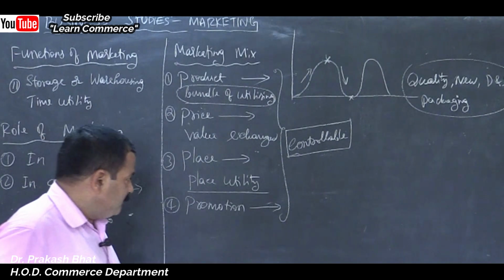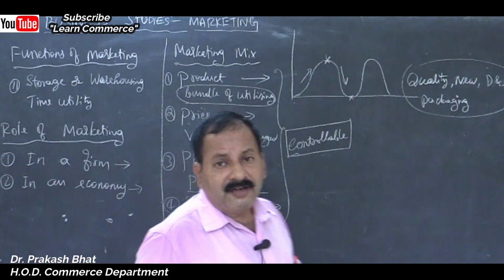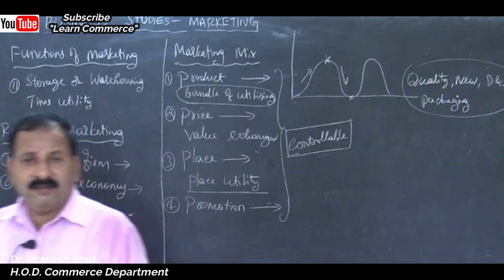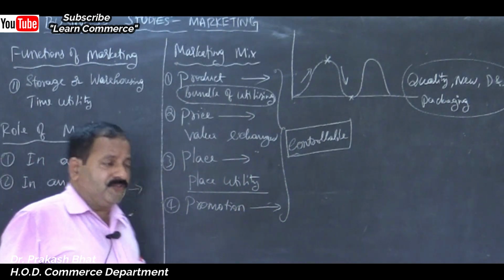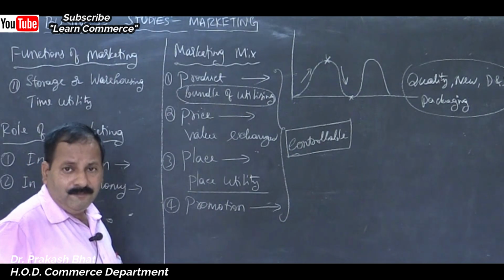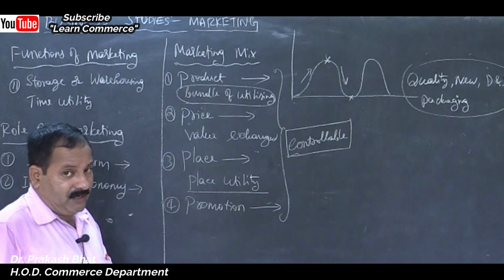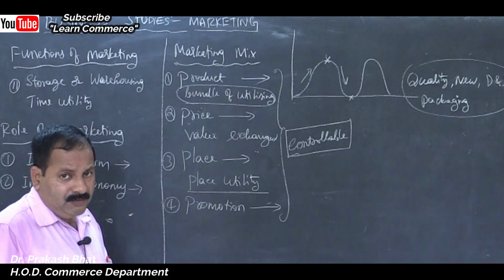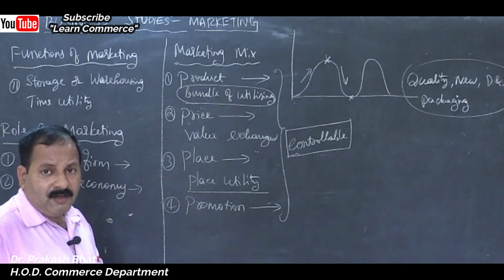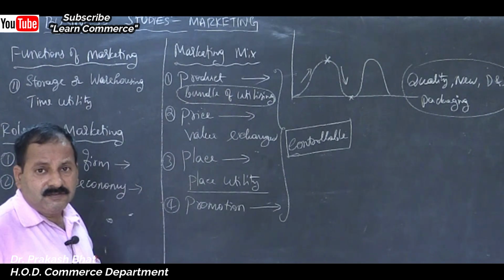So promotion helps the marketer to control the market by giving advertisement, by using different promotional tools, personal selling or whatever the mode you call. Everything is in your hands. Whether to promote your product online, or by sending messages, isn't it?